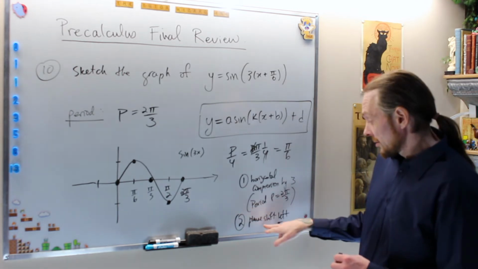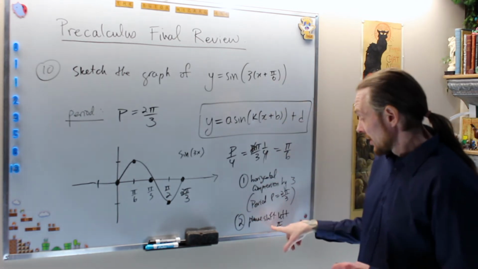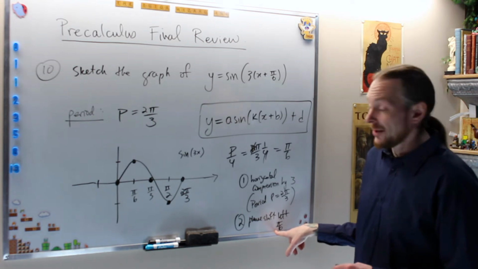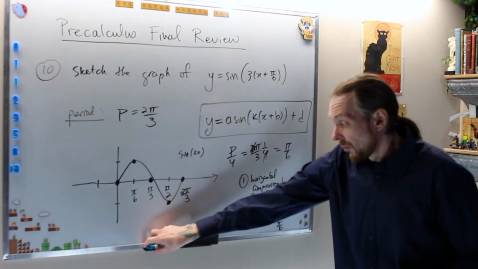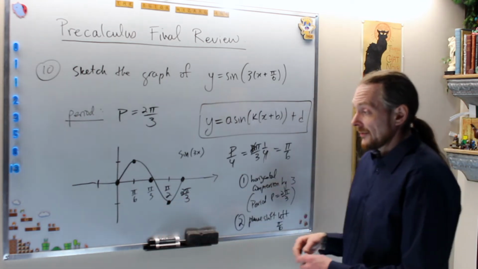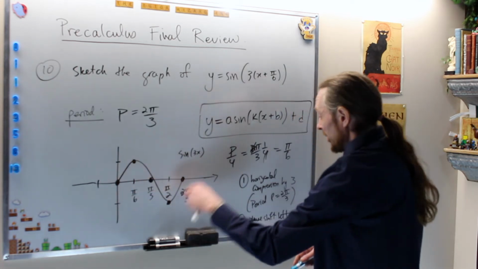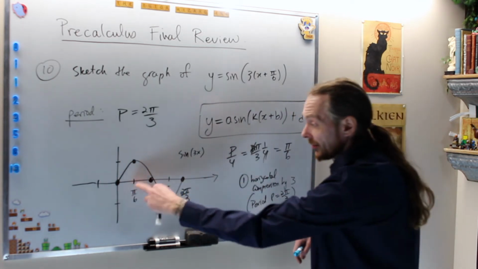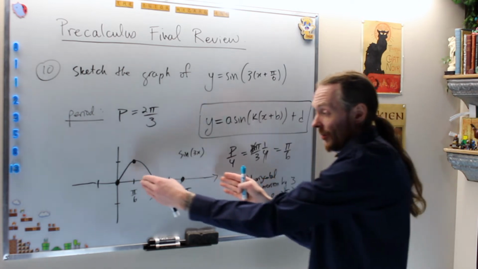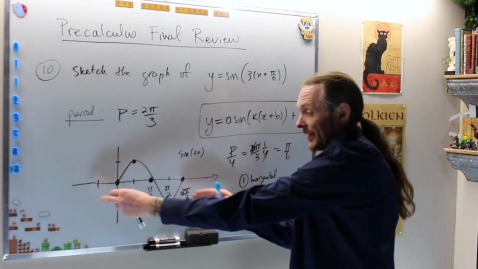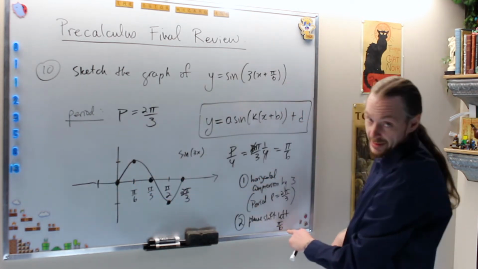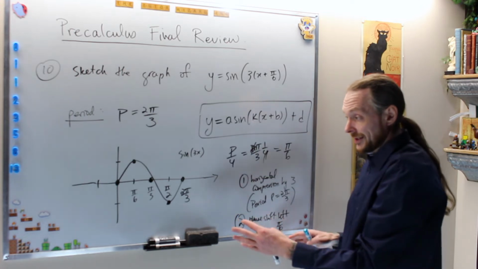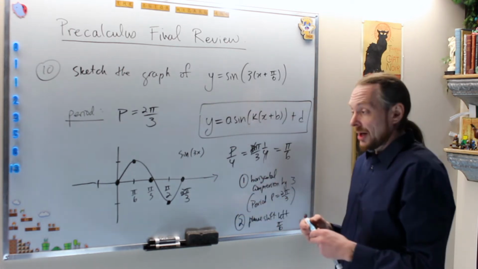Now I can do the second thing that happened to this function, which is shift left pi over 6 units. So why it's convenient for me to have focused on dividing the period length by 4 and finding those key values is now all I have to do is to go left. If it matches, which it did in this case luckily, I'm going to shift each point back pi over 6 units.